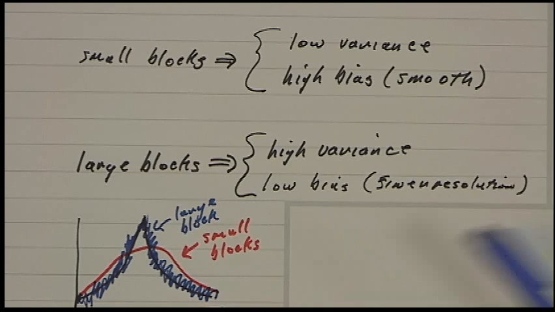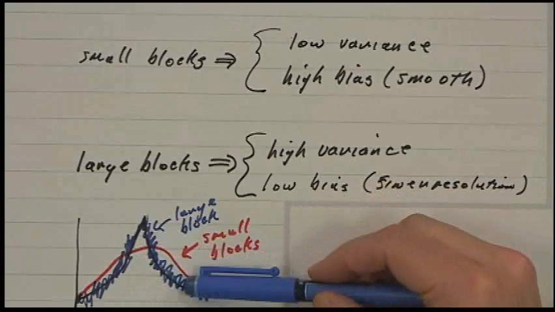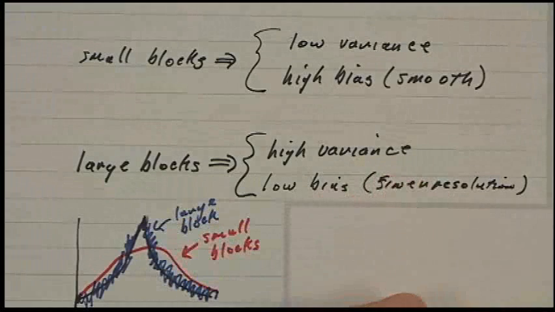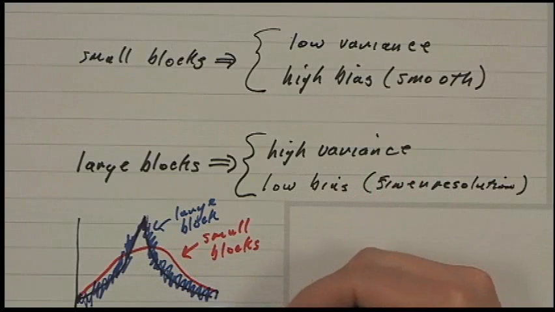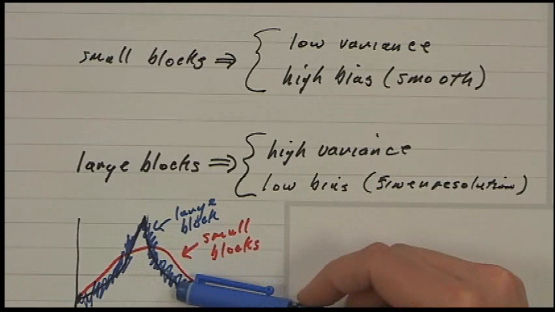One way of thinking about it is you're letting through more frequencies, and the higher frequencies have a lot of this variation. Another way of thinking about it is that we're averaging fewer things.